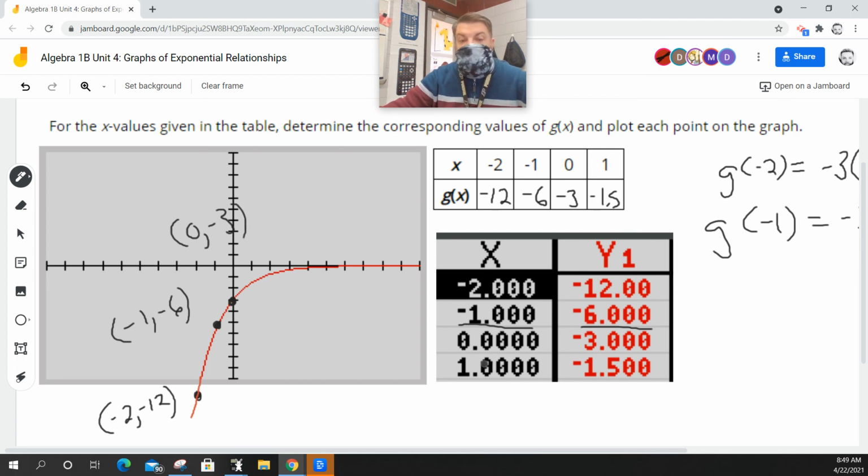And then when x equals 1, what's my corresponding y value? Can somebody tell me? -1.5. Okay, and that's basically it for that problem. So what I want to do is I'm going to leave this up here for you.